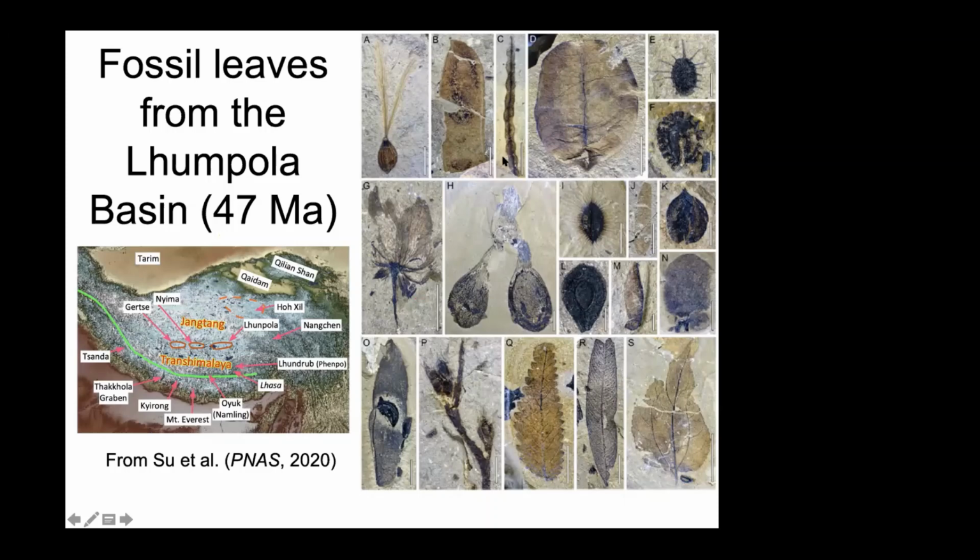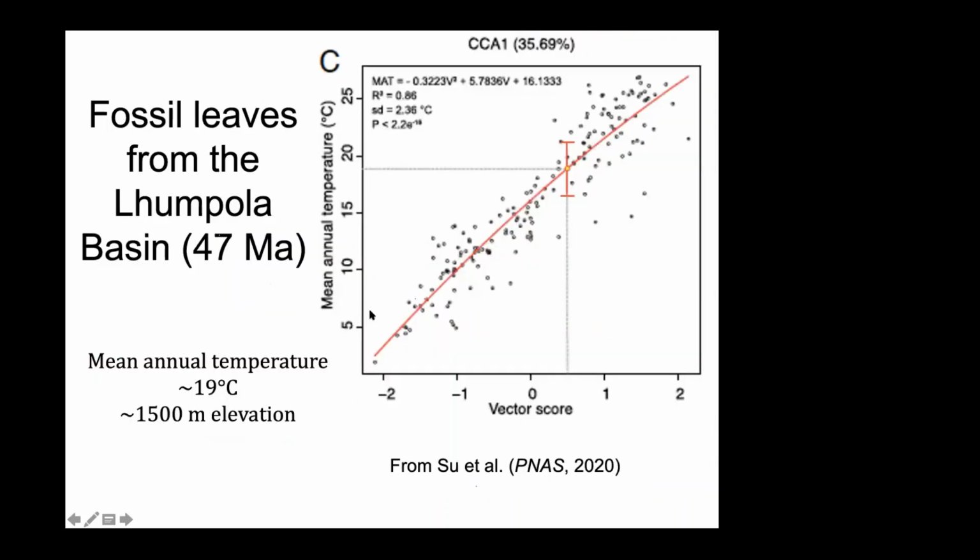And these can be analyzed. There's wonderful work that's been done over the years in using these to get at paleoclimate. So taking this work, what's plotted here is mean annual temperature versus what's called vector score. Each of these dots is from a modern forest somewhere in the world.